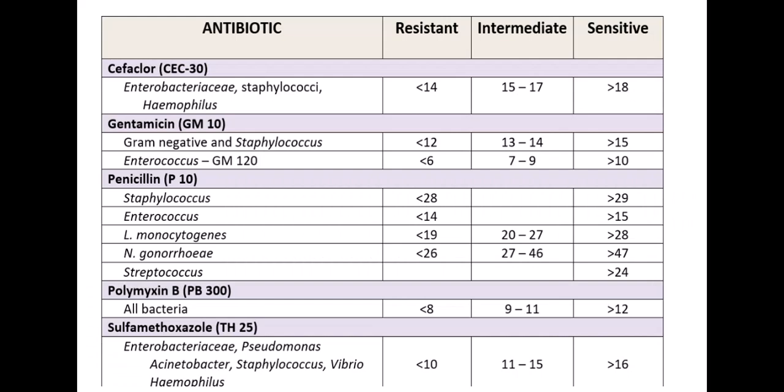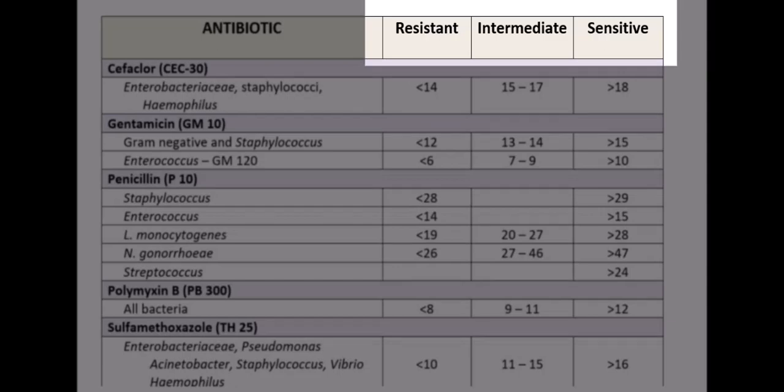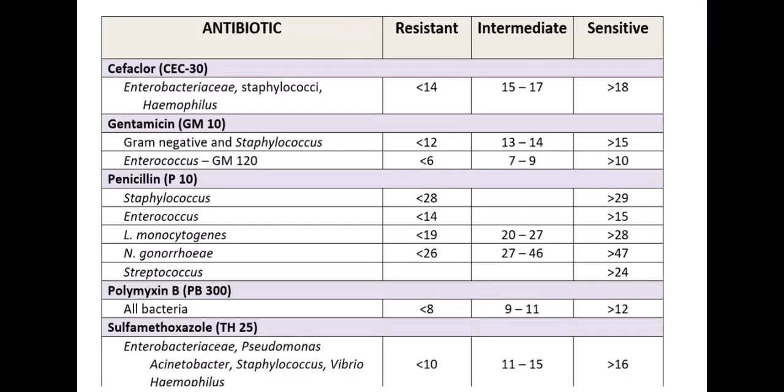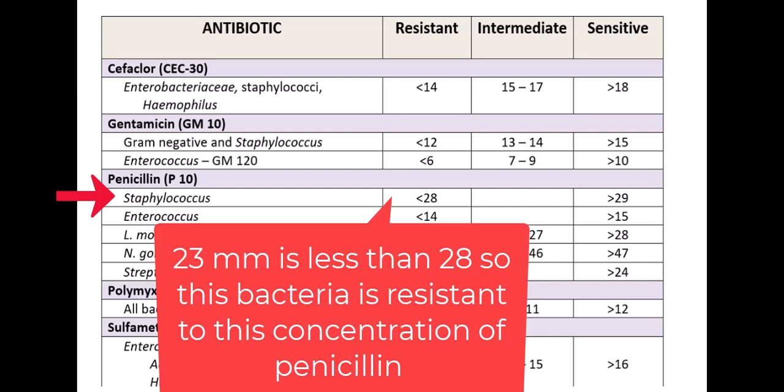Then compare the size of the zones of inhibition to determine whether the bacteria is R, resistant, I, intermediate, or S, sensitive. For example, if I was testing Staphylococcus species for penicillin resistance and the zone was 23 millimeters, the chart indicates that that Staphylococcus species is resistant to that concentration of penicillin.